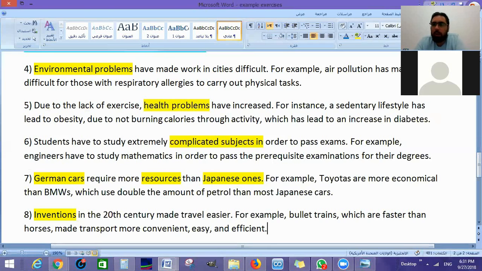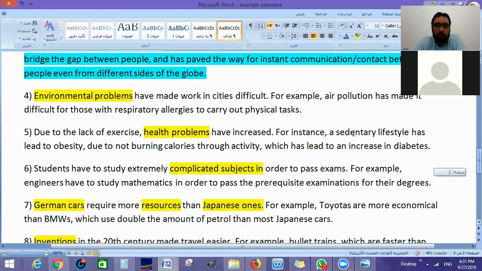Right, now what we want to do is we want to start to highlight our examples here, so we'll just take them now.